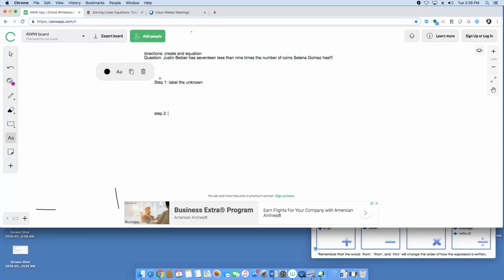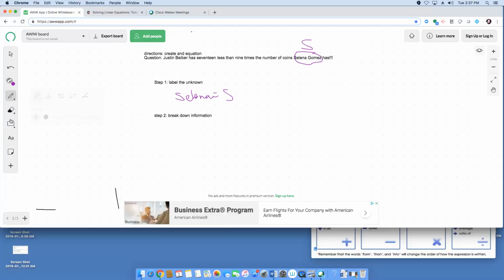Step 2, break down information. Let's label the unknown, which is after our initial part, Justin Bieber has. So that's Selena Gomez over here. We can just say she's S. Okay? So Selena equals S.